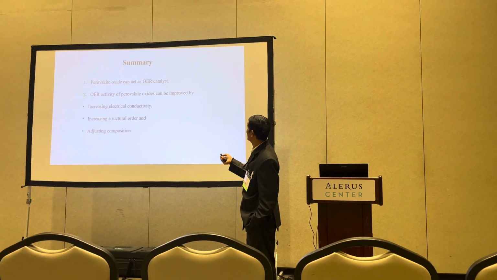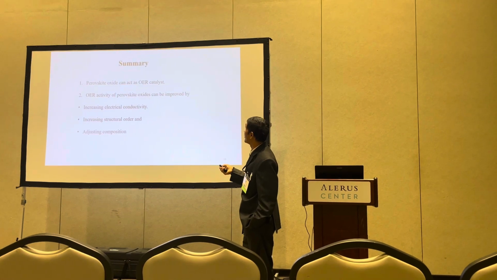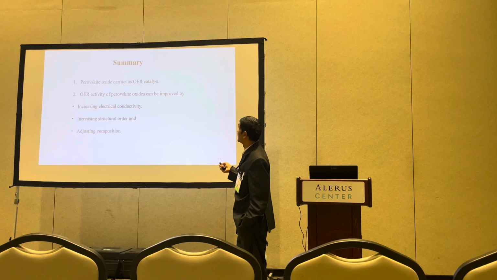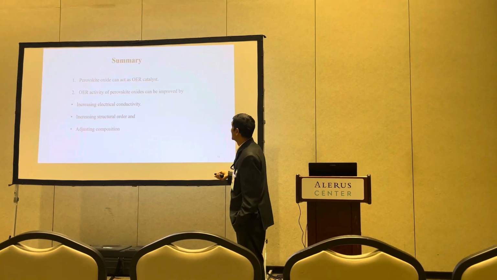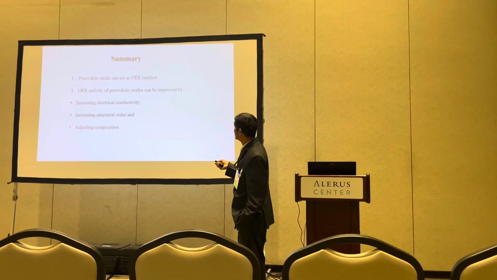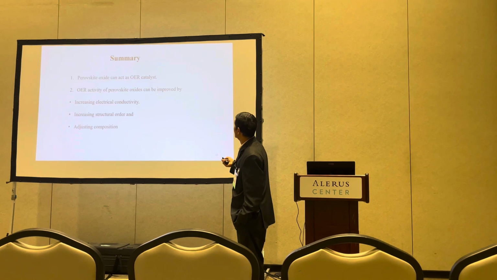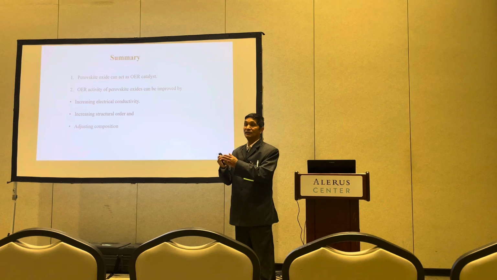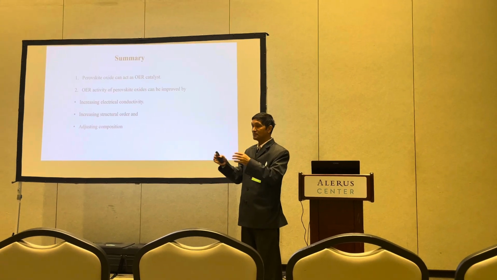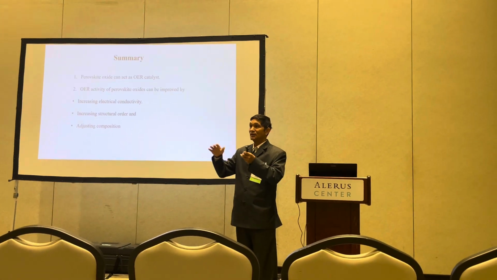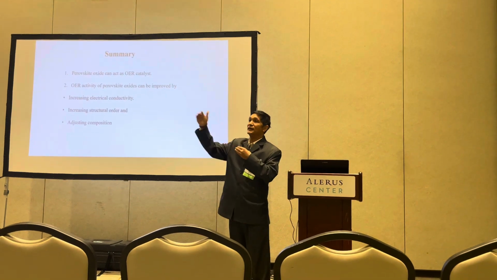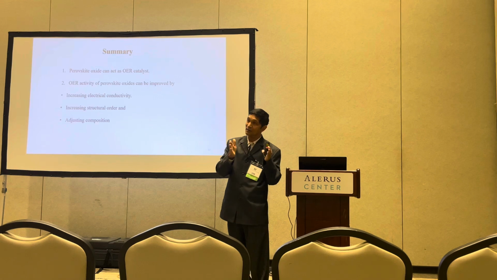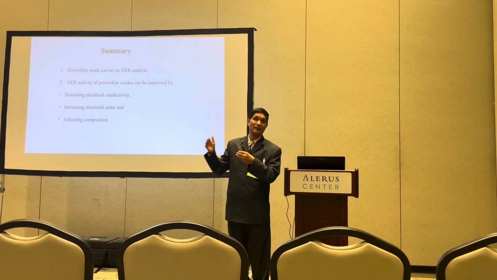So my summary here is that perovskite oxide can act as an oxygen evolution reaction catalyst for water splitting purposes. And the OER activity of perovskite oxides can be improved by increasing electrical conductivity. When we measure the conductivity of the different materials, if the conductivity is better, catalytic activity is better. If conductivity is poor, then catalytic activity is also poor.